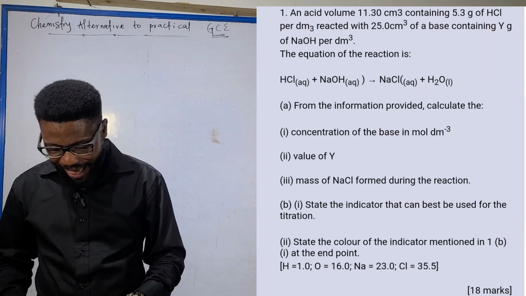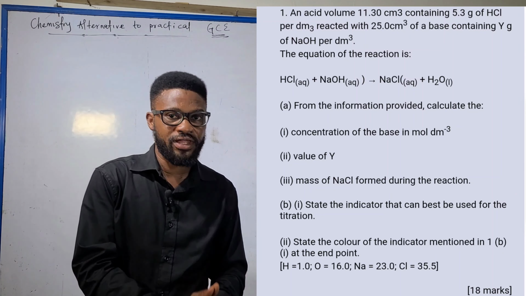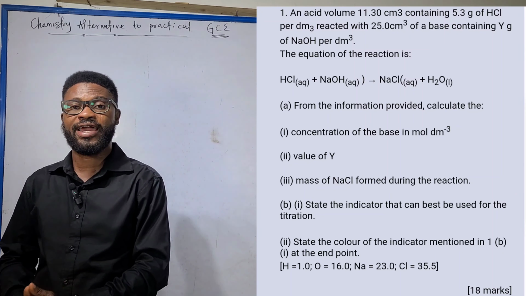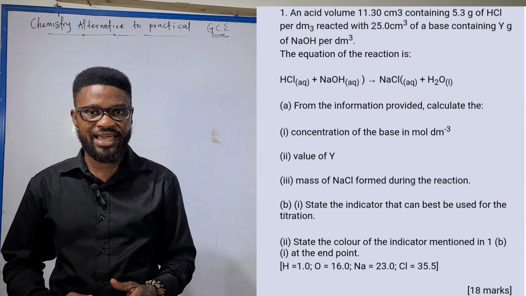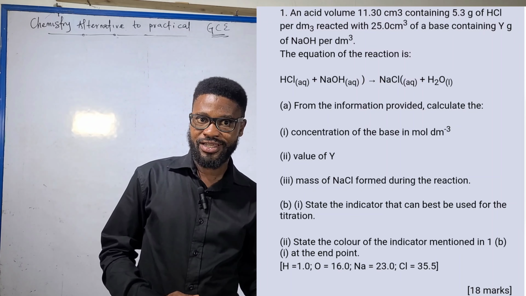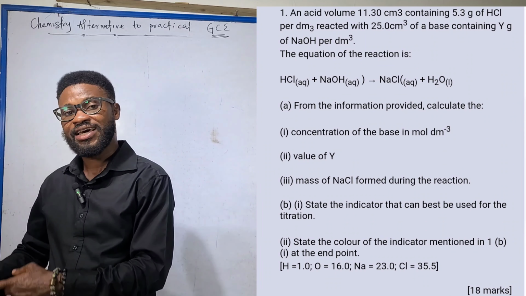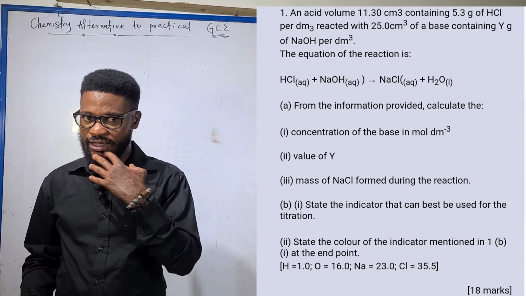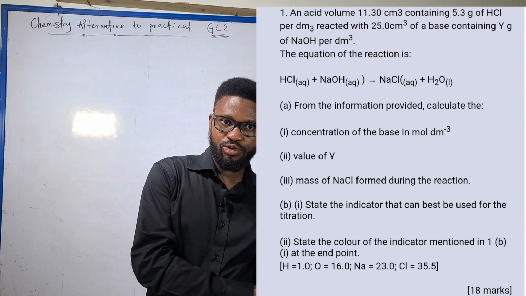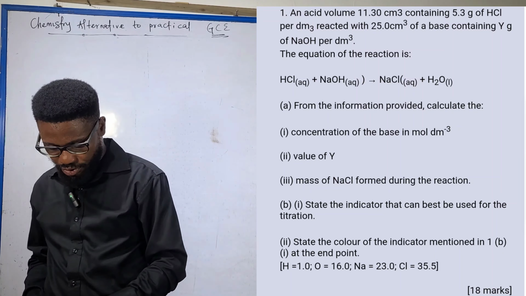Since we do not have any information about our sodium hydroxide, it is not yet standard. So we will use the acid, whose concentration we know, to standardize the base, whose concentration we do not know. In other words, we will use the standard solution, the acid, to decode the concentration of the base.